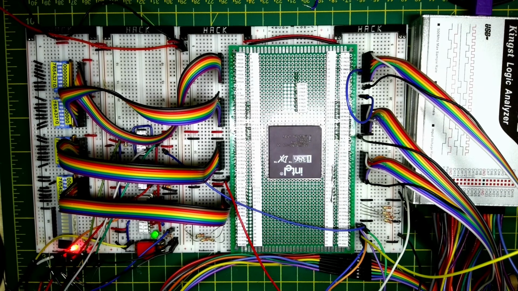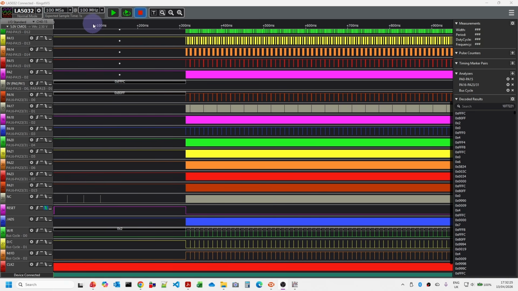So let's take a look now at the logic analyzer output and see whether or not we've got some life coming from our 386 processor. So here we have our logic analyzer, and we can see that when we first turn the power on, all the way back here, because reset was 0, it's actually triggered it.